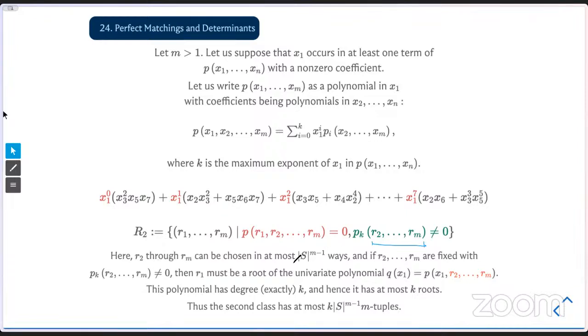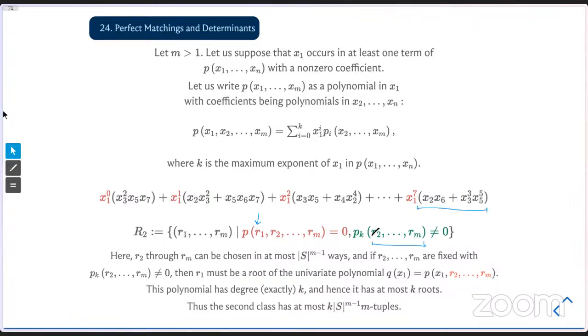That can be done in size of S to the M minus 1 many ways, as Vinay just explained. He said it for the entire vector, but now we do it for the last M minus 1 coordinates. But now the point is that this filter kicks in a non-trivial way. So we know that this guy here survives.